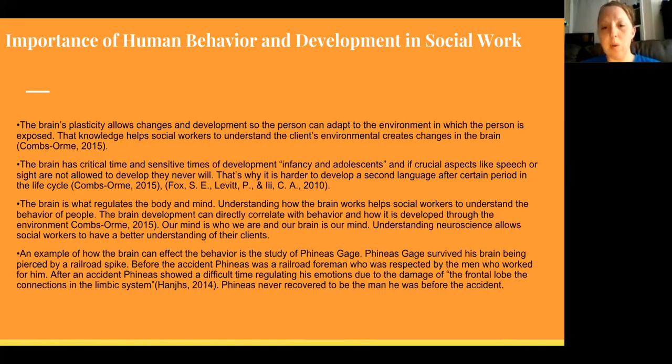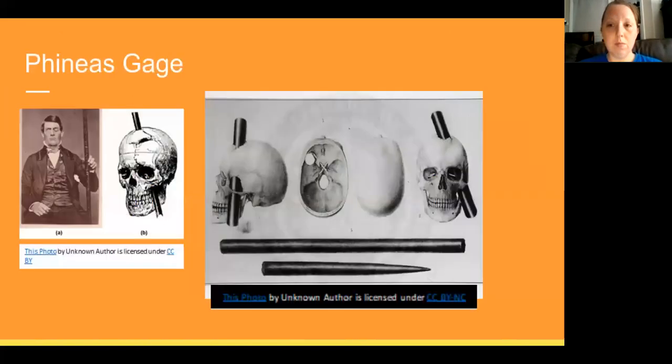Phineas never quite recovered from his accident. He was never quite the same man he once was before. This is just a picture of Phineas Gage and the damage that was done by the railroad spike.